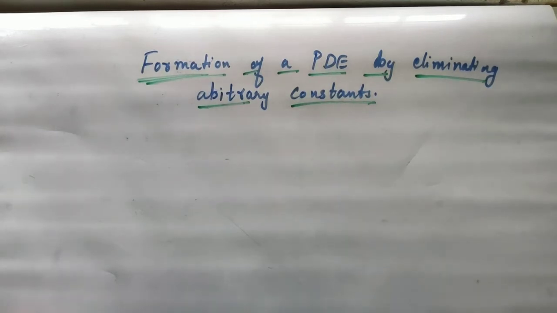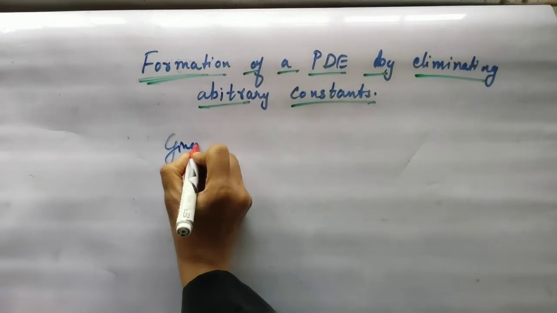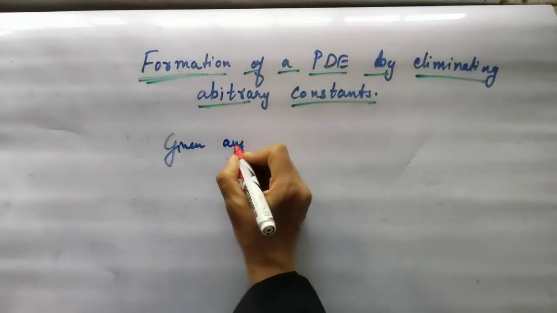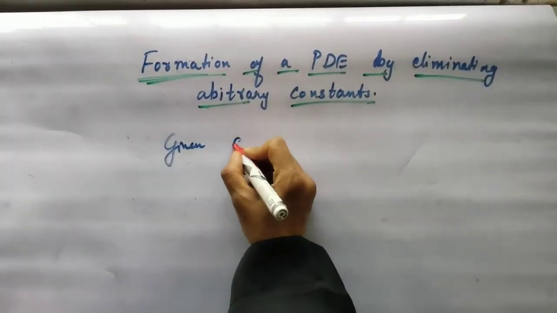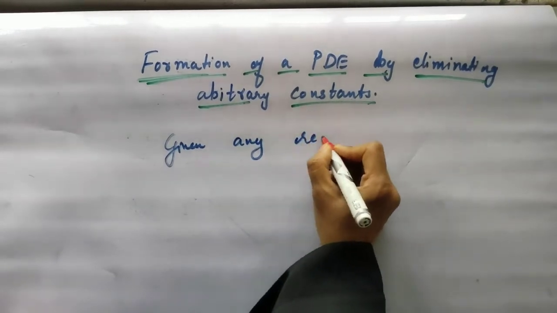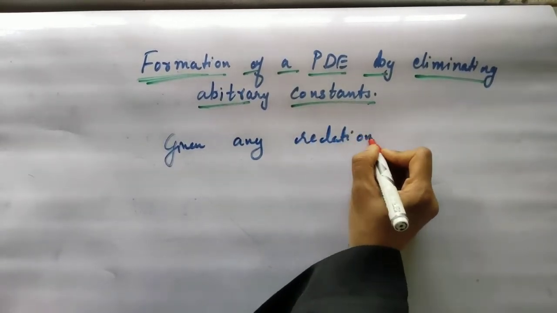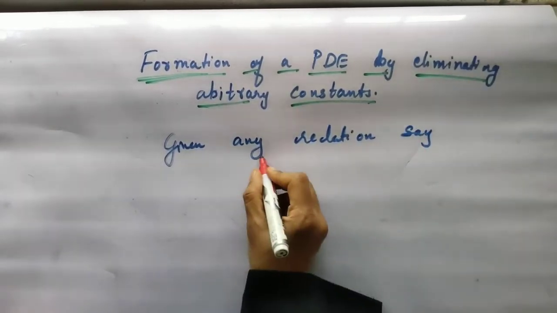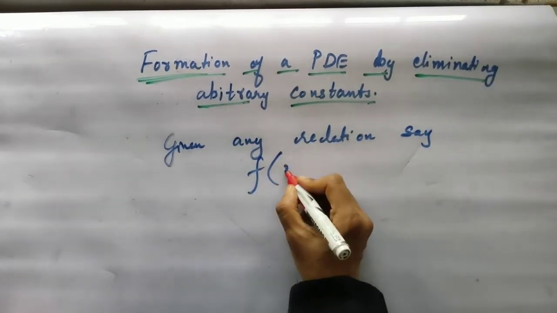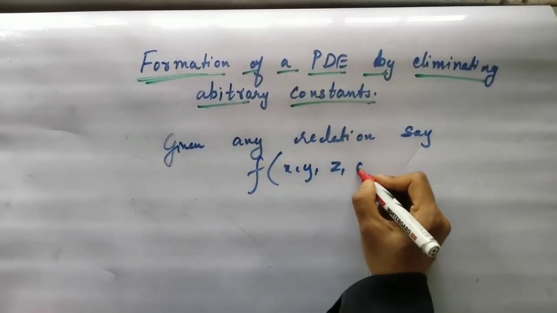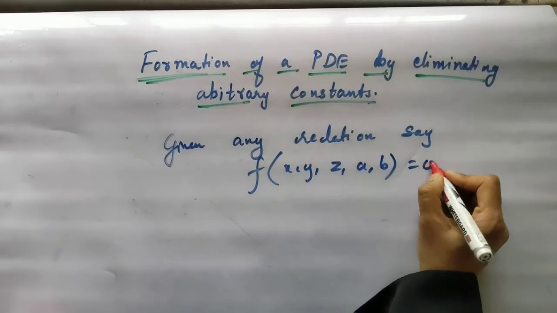Given any relation, say a function will be given relating x, y, z and some constants a, b equal to 0.